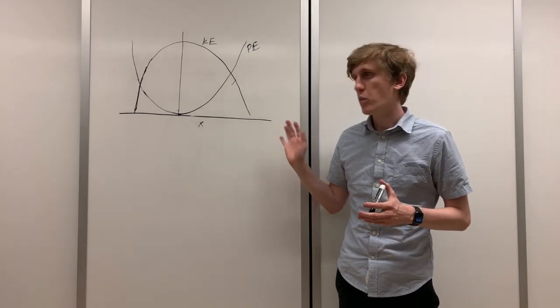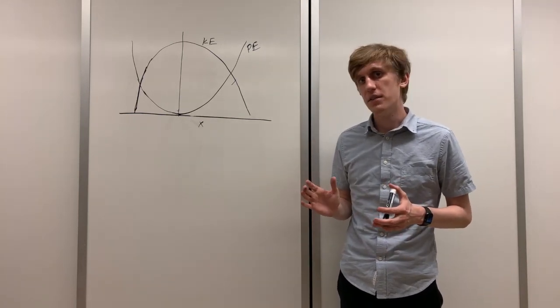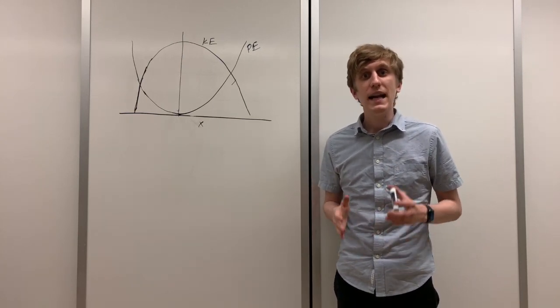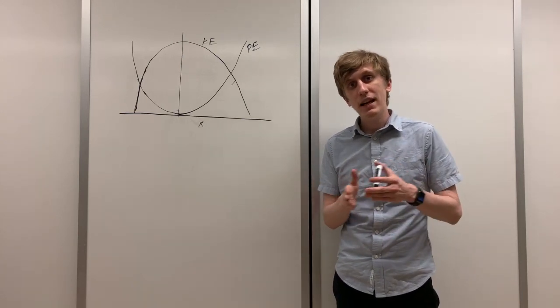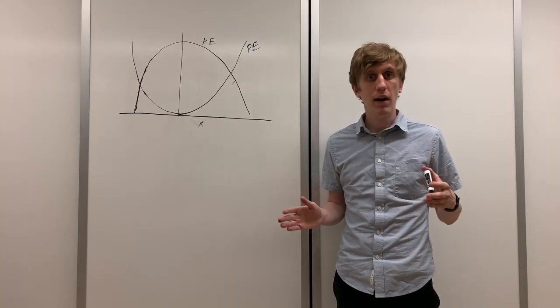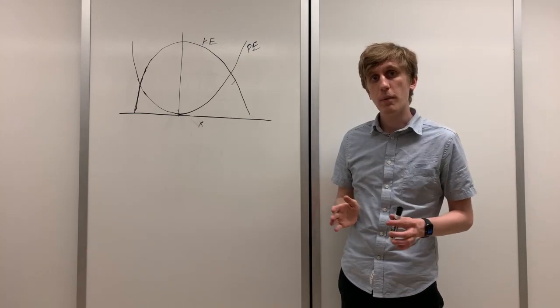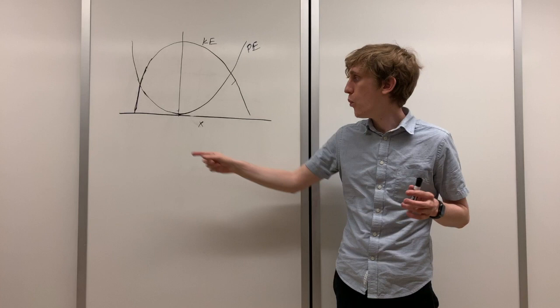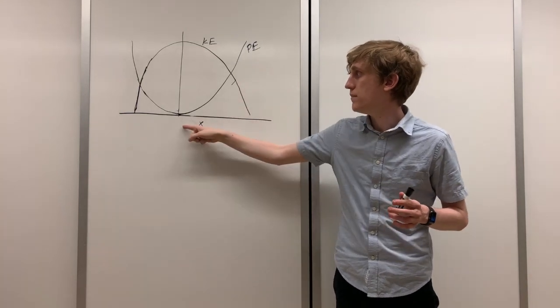Let's make sure that we're clear about what this graph represents. We know that the potential energy of a spring is at its maximum when the spring has been expanded to its maximum length, or compressed to its minimum length. This is represented by the fact that the potential energy gets large as we move away from the equilibrium.